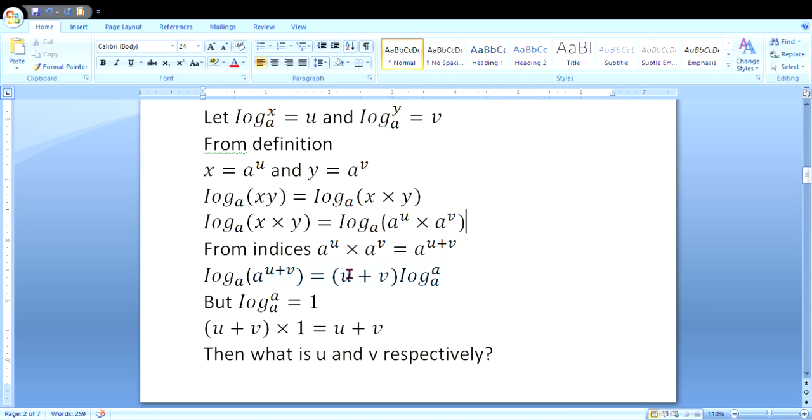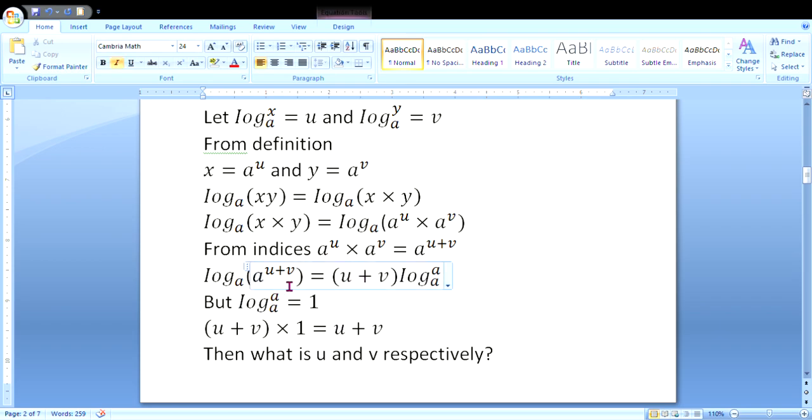And you know from indices, if the bases are the same and the operation is multiplication, all you need to do is pick one of the bases and add the powers. So this expression becomes a raised to the power of u plus v. Eventually, this becomes log a, open bracket, a raised to the power of u plus v.